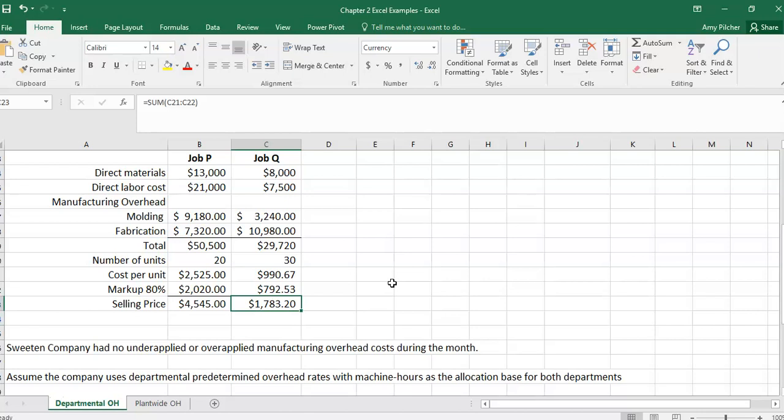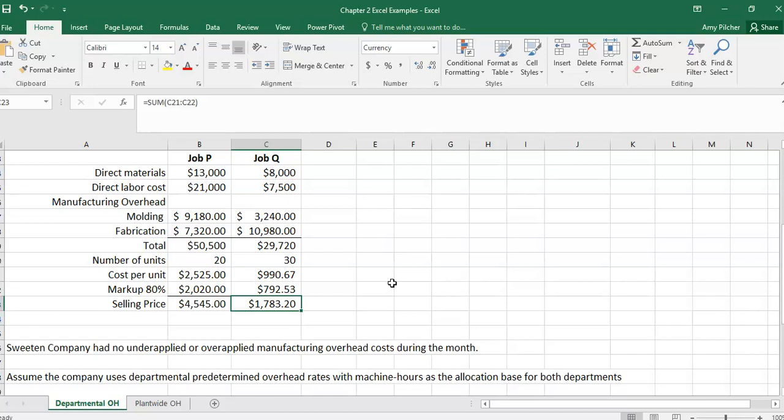So if they use single plant-wide rate and then they decide to switch to departmental rates, they would disclose that in their financial statement and say that we have changed our method of overhead calculation, so our inventory calculations have changed, much like we would have done in Principles of Accounting 1 if we changed our inventory method from LIFO to FIFO. And then they need to remain consistent for a period of time with whichever method they use. They shouldn't be changing the way that they cost their products every month.